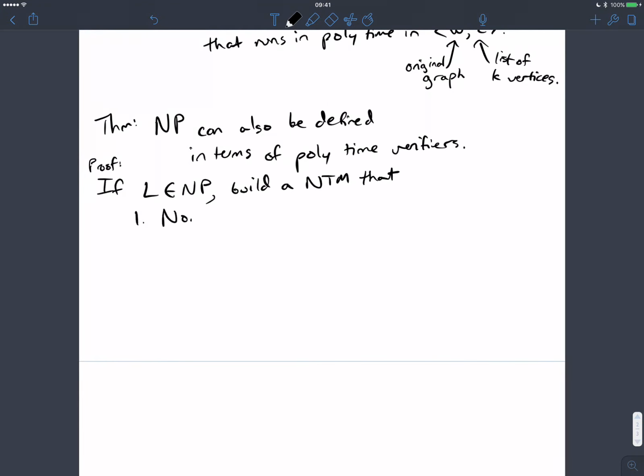So, non-deterministically, select a certificate C of polynomial length. We better not have the certificate be too long because we need to have it be a polynomial time non-deterministic machine. If it's longer than polynomial, then it's already longer than polynomial time to even write the whole certificate down. So we need to have it be a polynomial length.